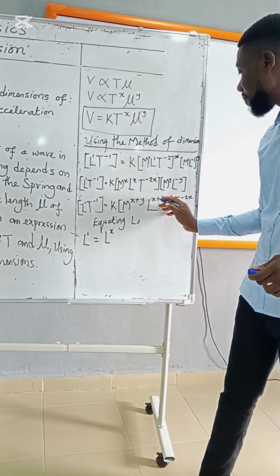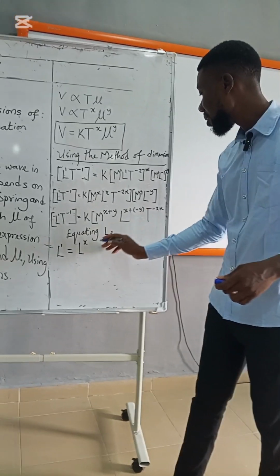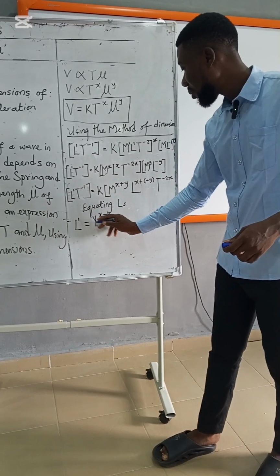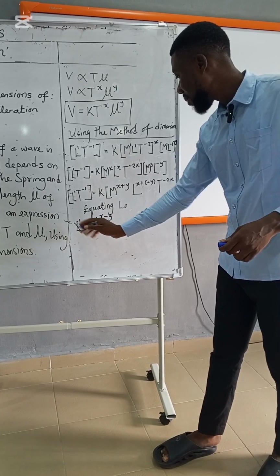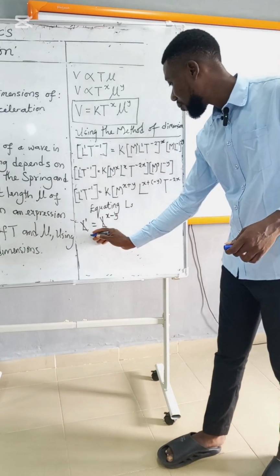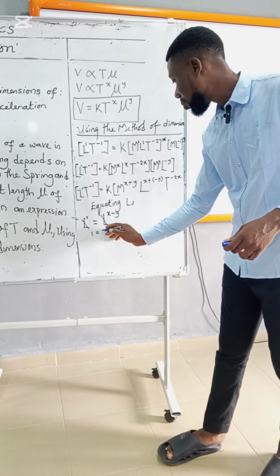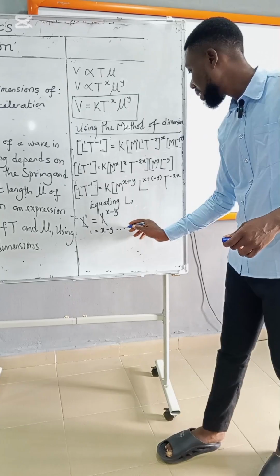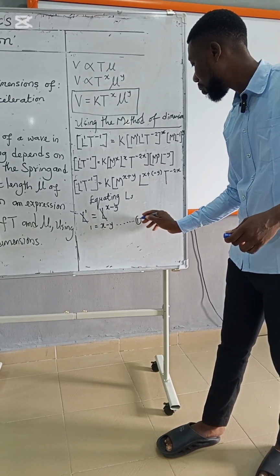Now plus times minus is minus y. Then this L, since they are of same base, what we are left with is the power. So we have 1 is equal to x minus y. I can say let this be equation 1.